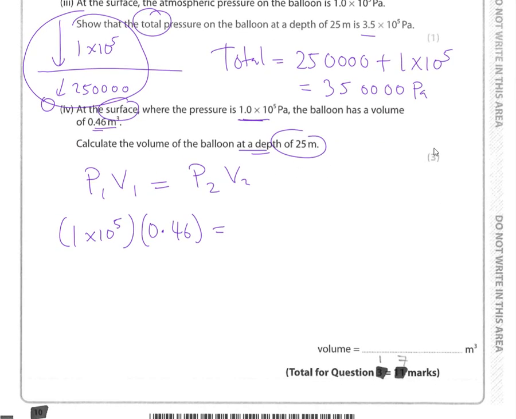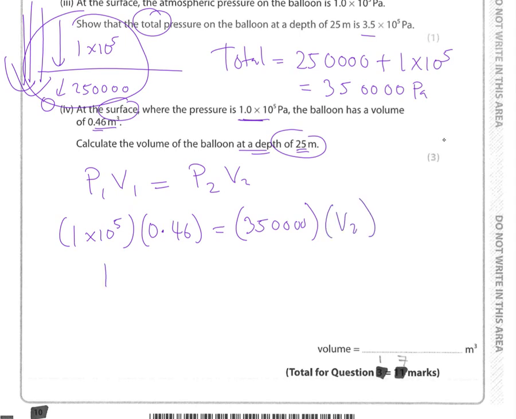So P2 is actually the total pressure here, because that's how much pressure is on the balloon at the depth of 25 meters. So therefore that's the pressure on it, and we need to find V2.